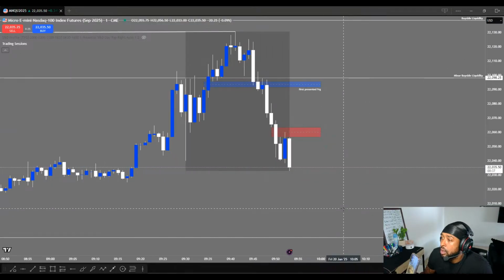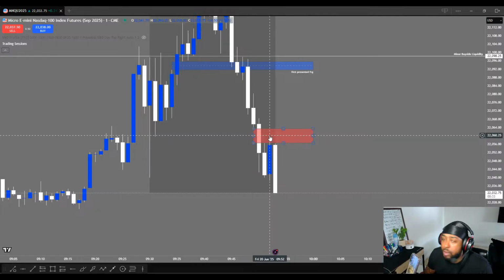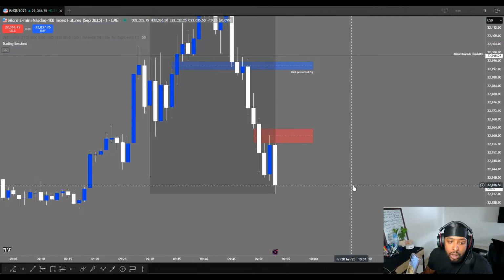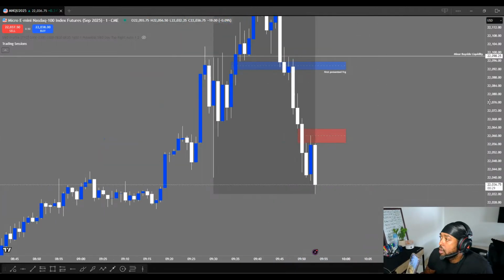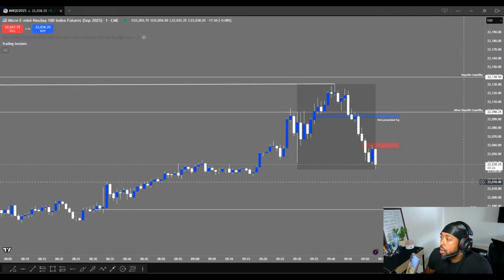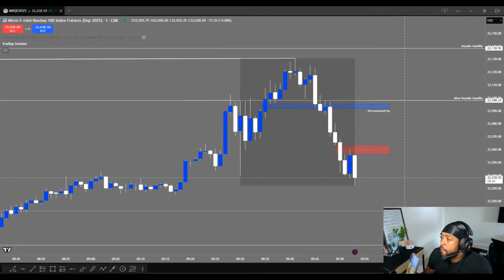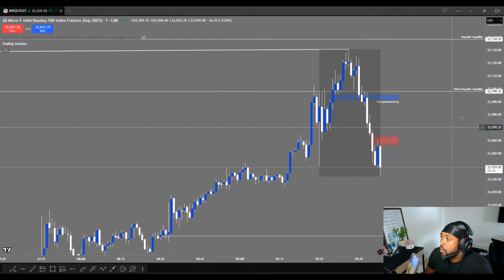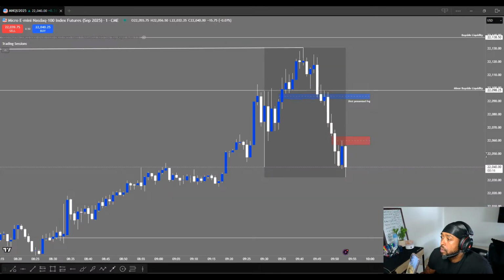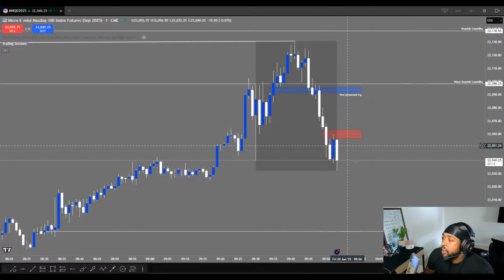Oh yeah, and you see how it literally stopped at equilibrium of this fair value gap and displaced lower. You see what I'm saying? And you see how it left multiple fair value gaps up here, leaving it a breakaway.